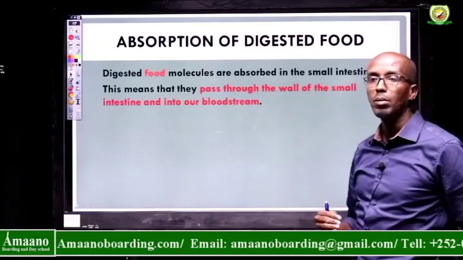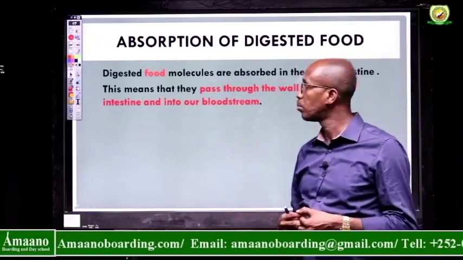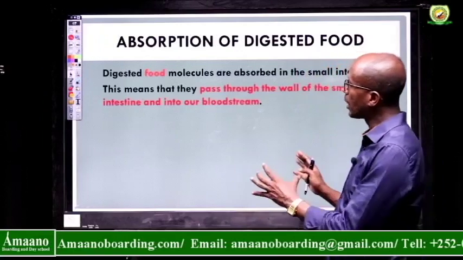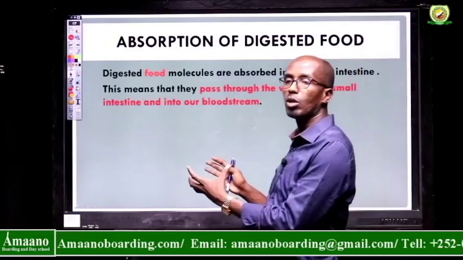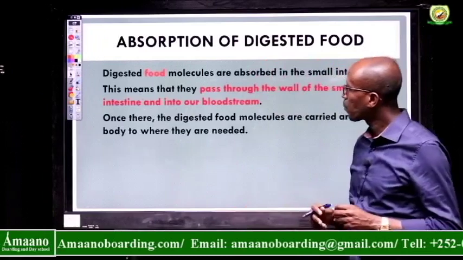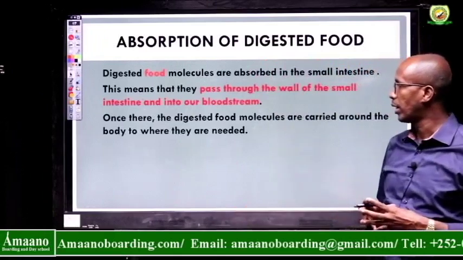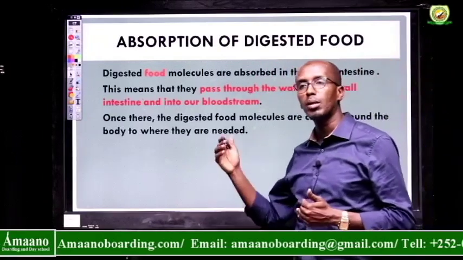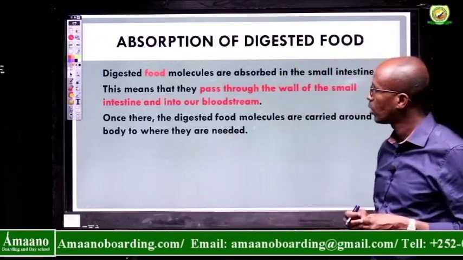Why the bloodstream? Because the bloodstream is the transport system for the human body. It can take the food from the small intestine and supply it to the rest of the body. Once there, the digested food molecules are carried around the body to the parts that need them.